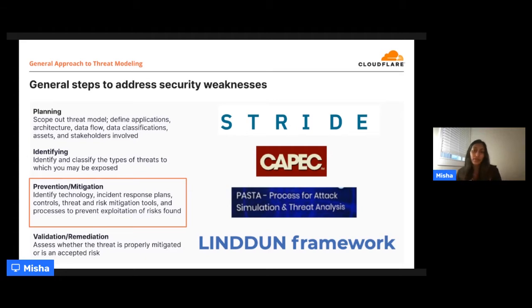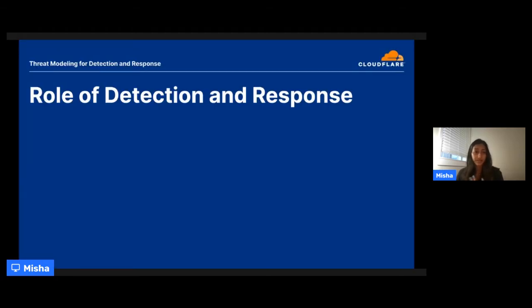And I'm going to be focusing on the prevention and mitigation steps. I'm going to be talking about methodology that can help security teams, but in particular, detection and response teams, effectively involve themselves and detection and response principles into threat modeling to be more proactive and to make the most of the process.